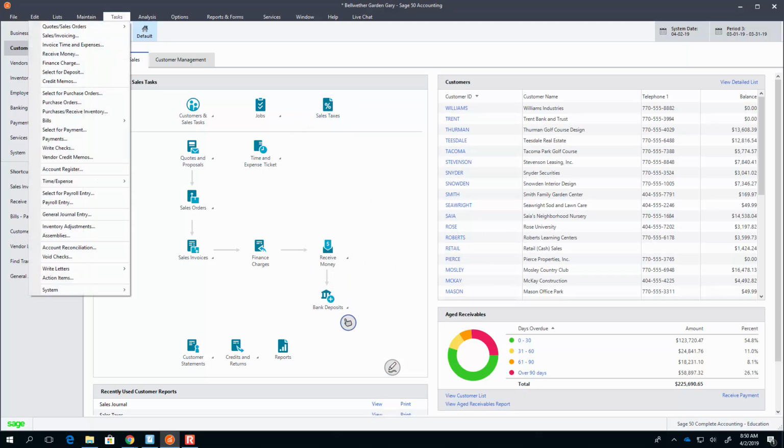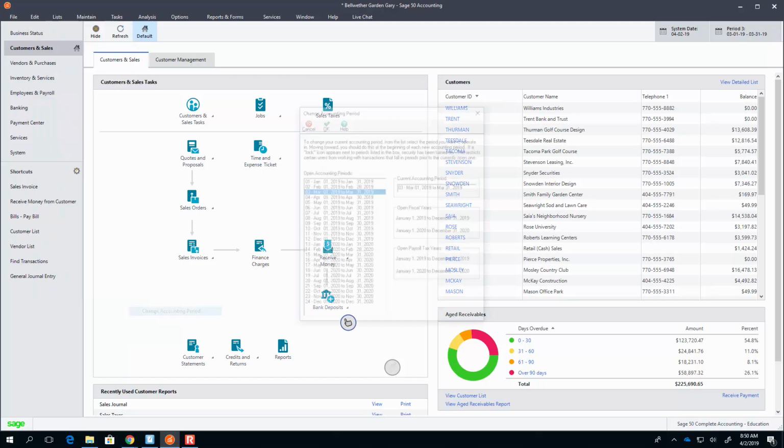What are you trying to do? I'm trying to close the period, and then change accounting period at the top. I can't find it. Nicole, where do you see that? Isn't that in your report? System, and then change accounting period.